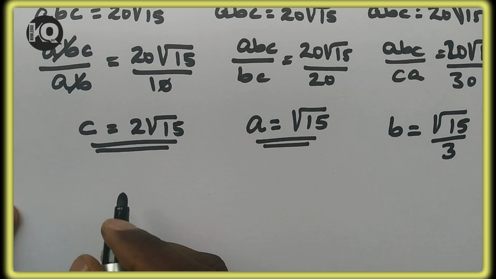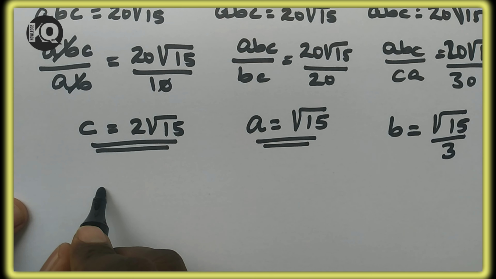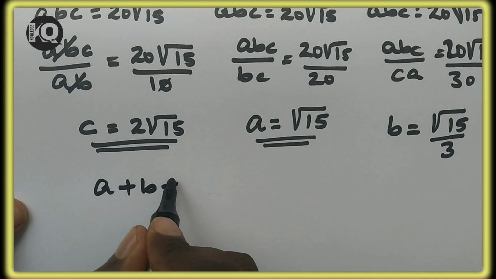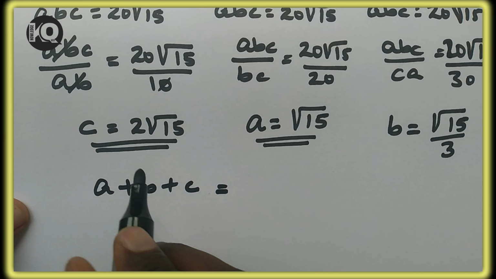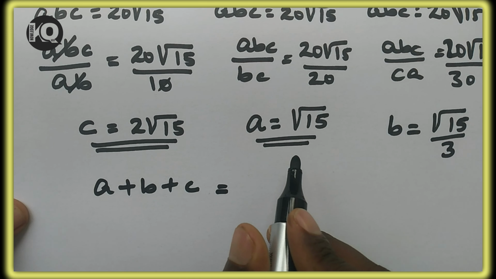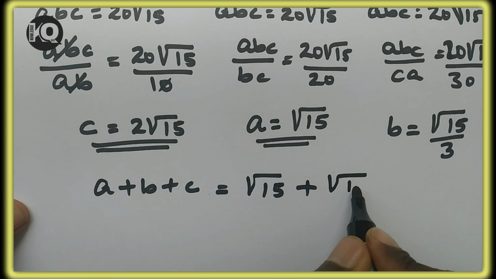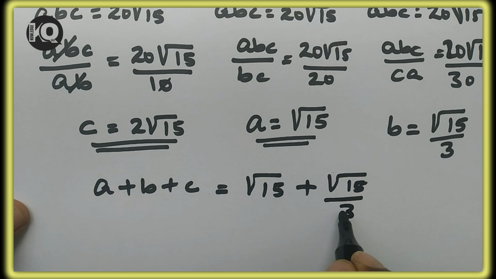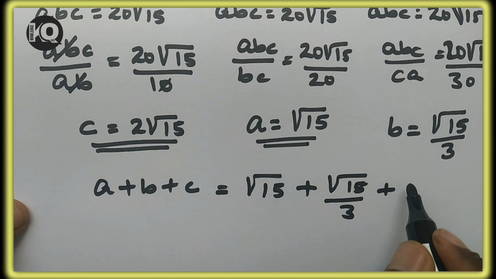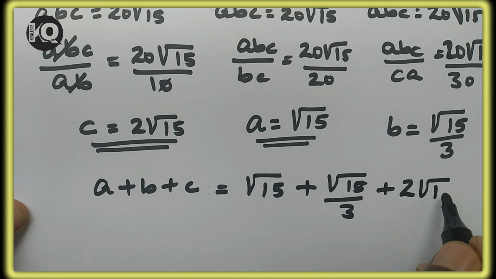Now we are asked to find the sum of A plus B plus C. So we have A, that is the square root of 15, plus B, square root of 15 divided by 3, plus C, 2 square root of 15.